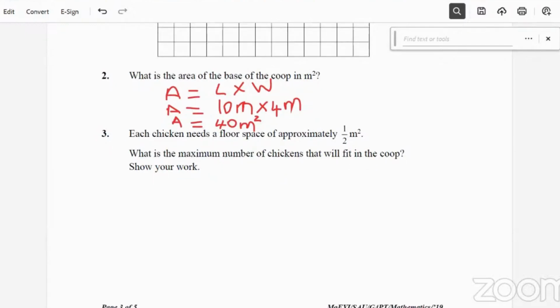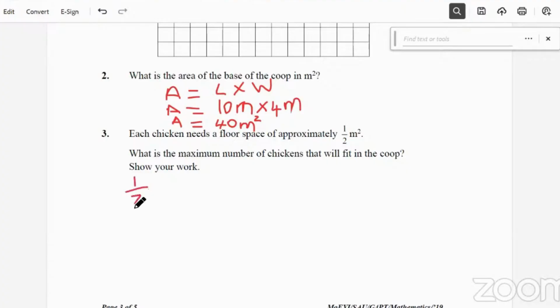So a half meter square for one chicken, that means for 1 meter square, we could put 2 chickens in that space, okay? So I'm just gonna write as much as possible here.